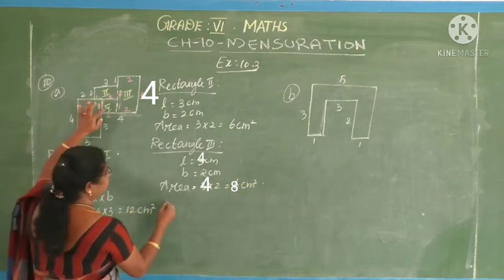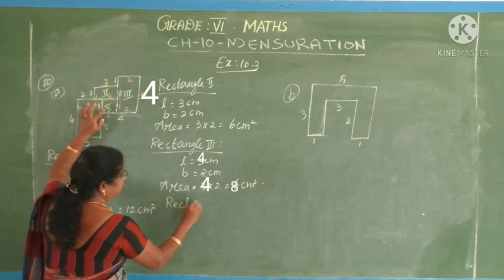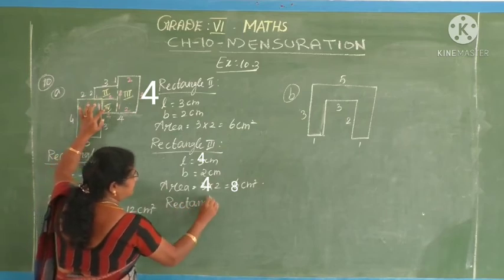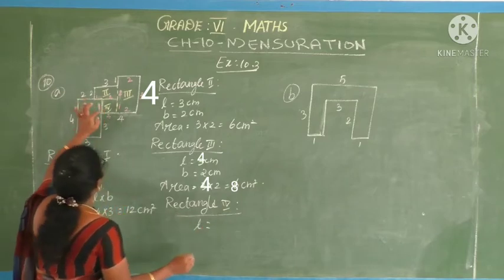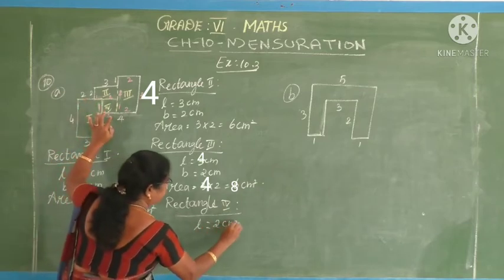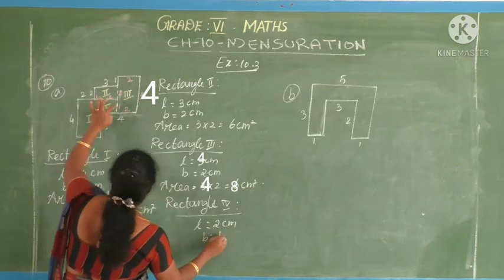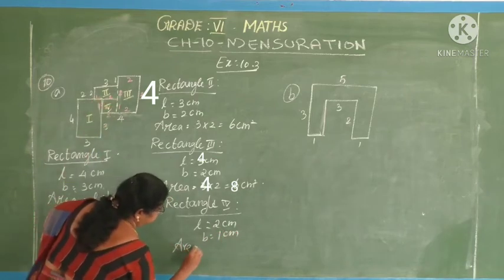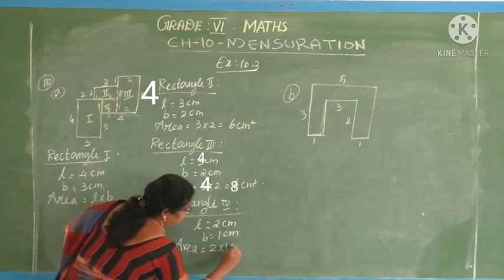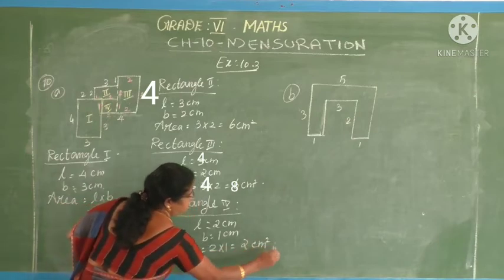Next, area for fourth rectangle. Rectangle 4. Length 2, breadth 1 centimeter. Area: 2 into 1, 2 centimeter square.